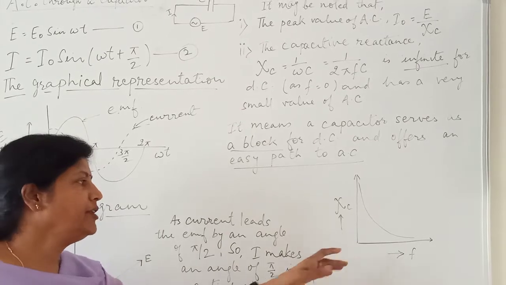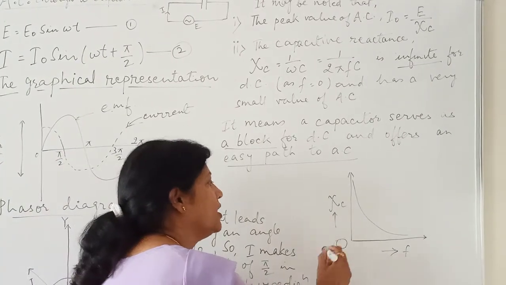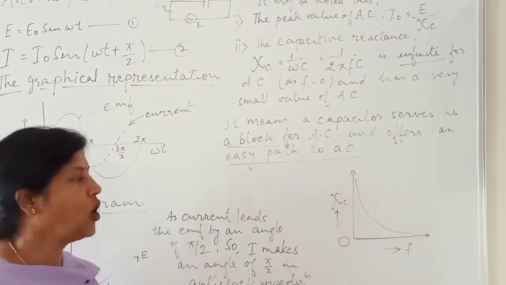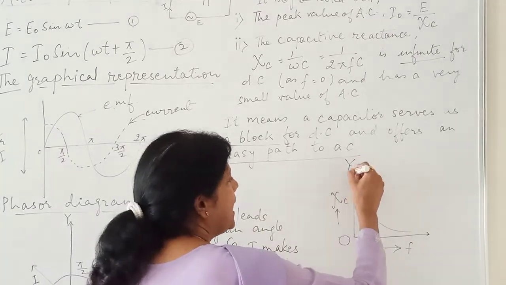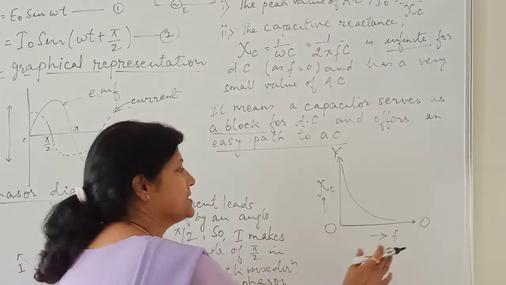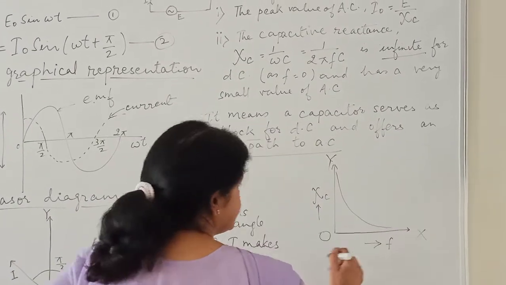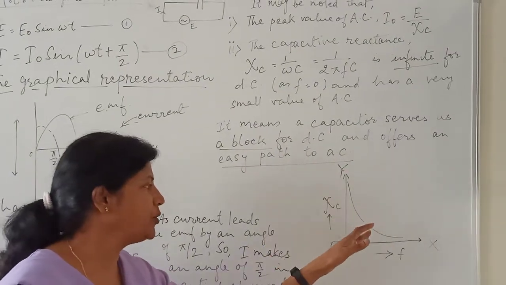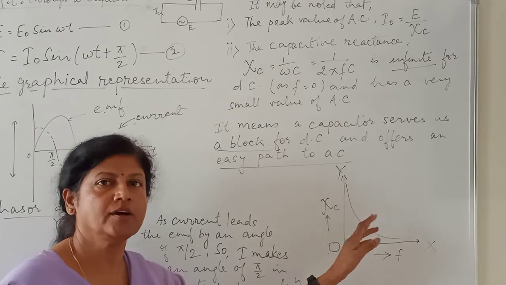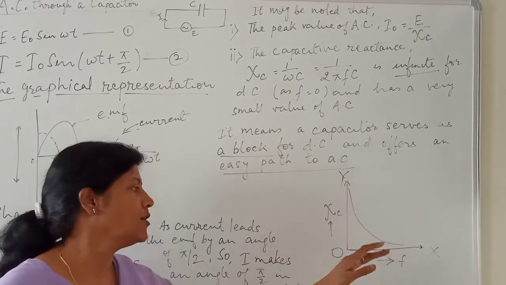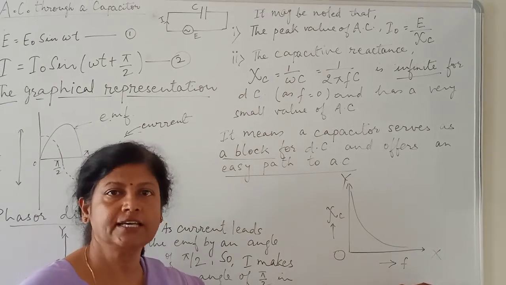When we plot a graph between capacitive reactance on the y-axis and frequency on the x-axis, we get this type of curve for capacitive reactance versus frequency graph.